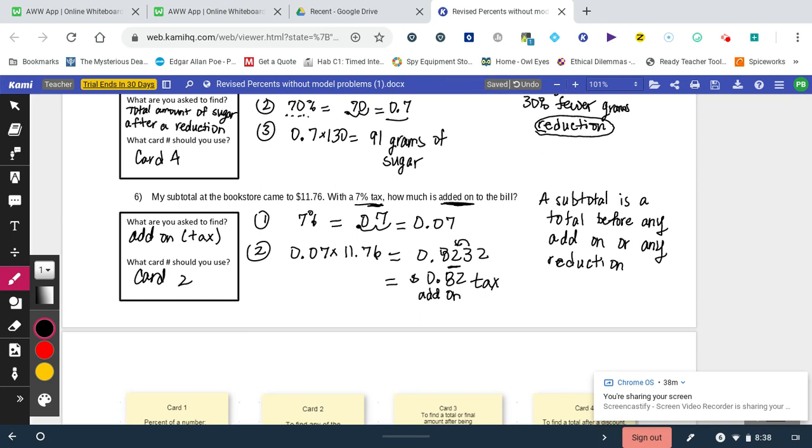So before the tax, before the add-on, it was $11.76. But that doesn't mean that's all you pay. When you get to the register, they're going to ring up the $11.76 item, or that's what the subtotal will come to, and then add the 82 cents on to give you your final bill. But in this particular example, we were only asked to find just the add-on, or just the tax.